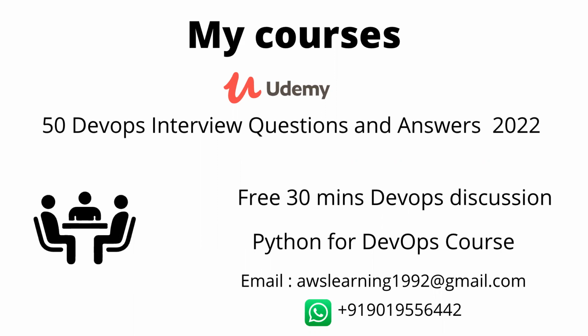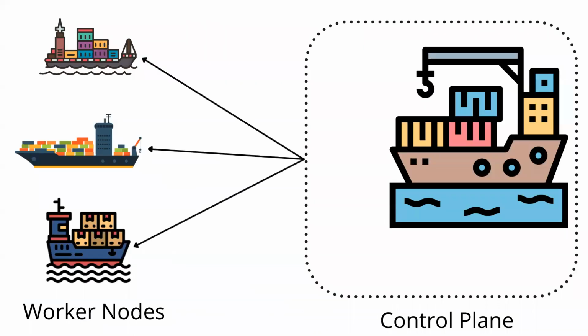Okay, now let us try to understand what is etcd in Kubernetes. Before we go and see the need for it, let us try to see the fundamentals in Kubernetes. We have a control plane, and the control plane is responsible for doing some actions. In this example, I am using ships.